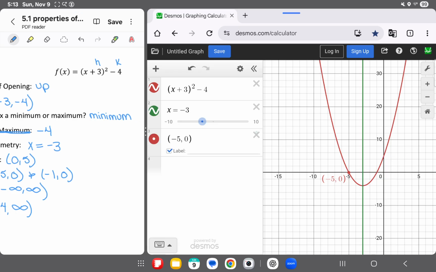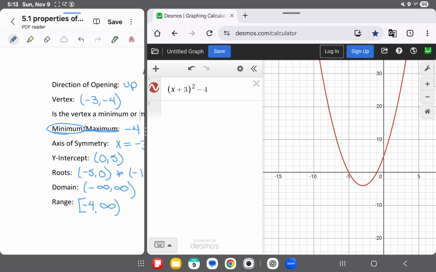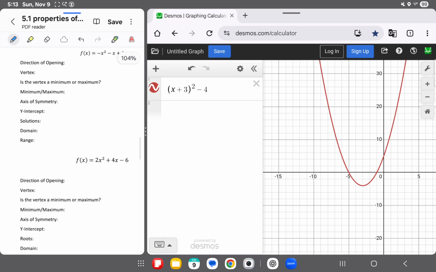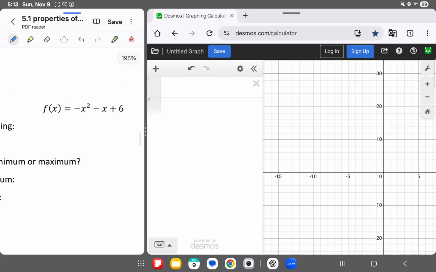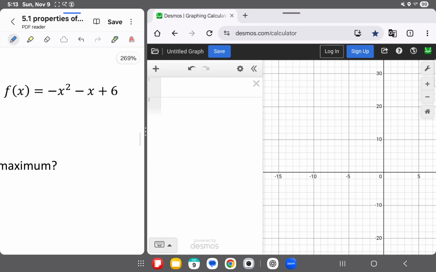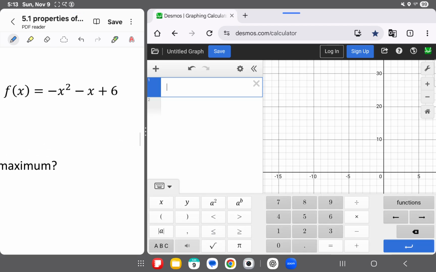So let's go ahead and do this one more time. In this case, I'm actually going to use standard form. So we are going to have -x² minus x plus 6.